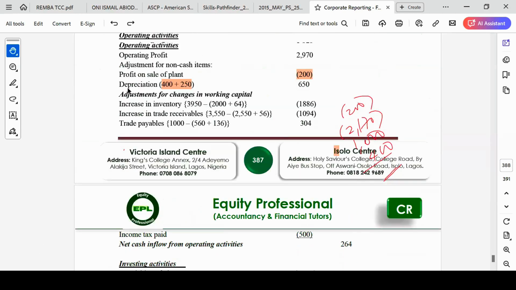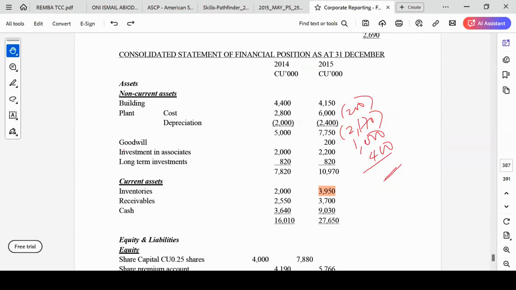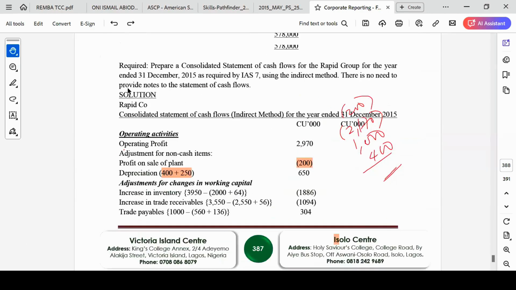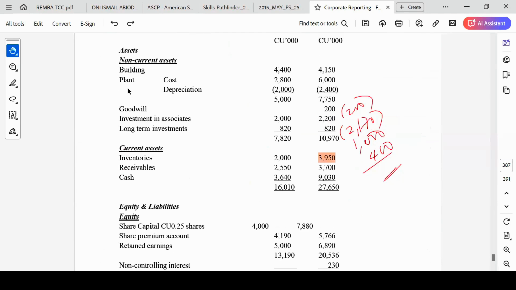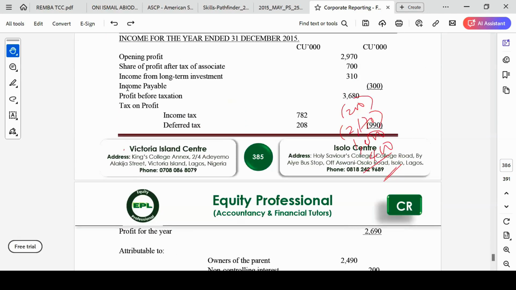Now, long-term investment. If you go and check your P&L, they said we received income of 310. Now, the reason we did not do it, what we would have done is to deduct that interest income, or income from investment, or investment income, whichever way they call it.